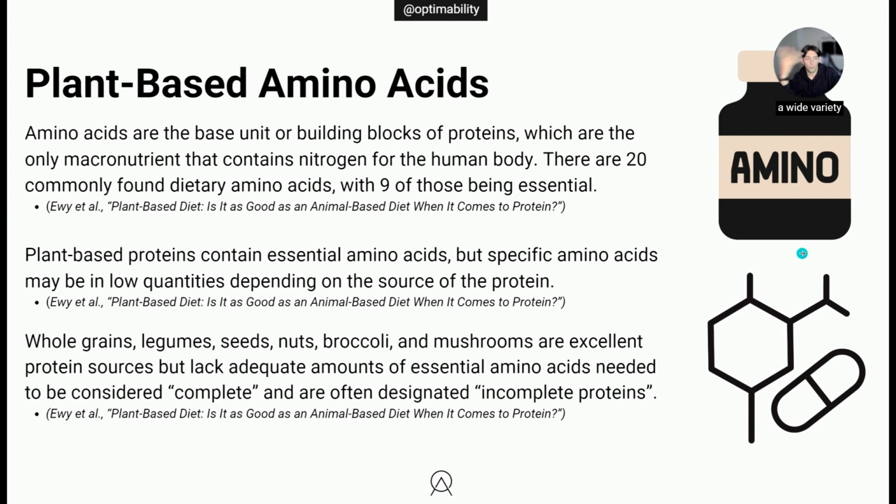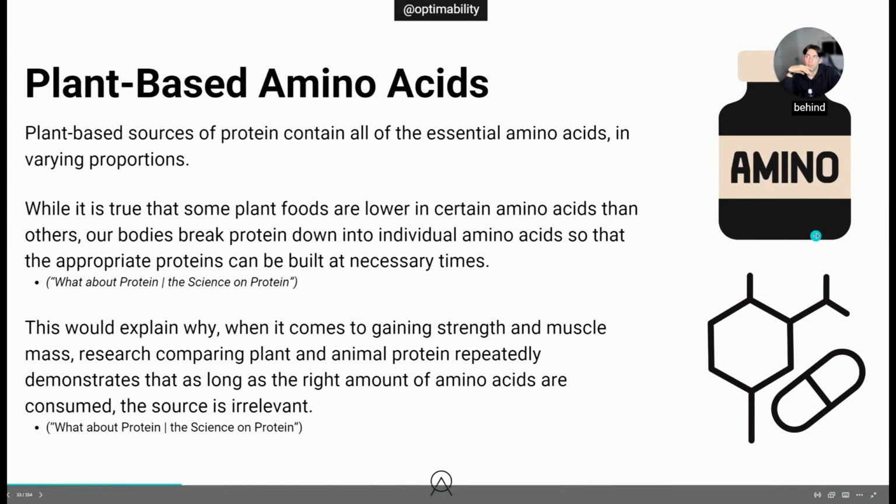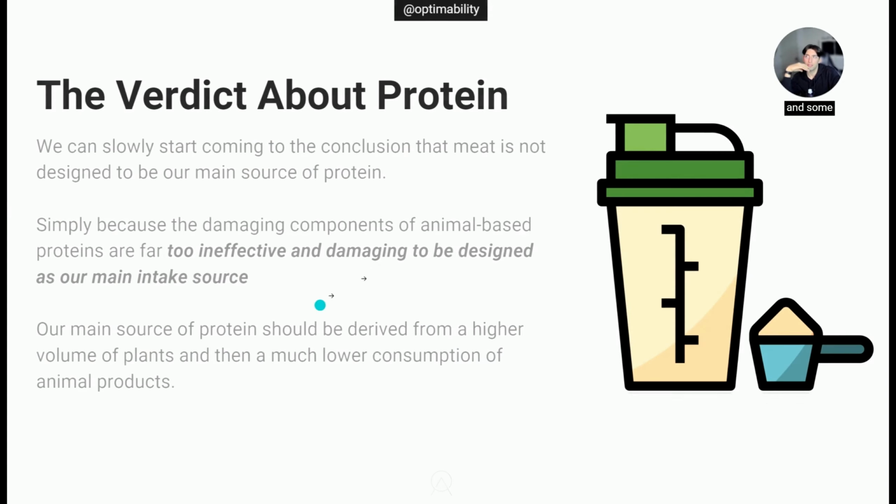But if you eat a wide variety of fruits and vegetables, you're going to get all your amino acids. And if you're struggling to get in your amino acids as a vegan or plant-based individual, you can just take a BCAA supplement. Super good. It goes in your water and tastes like mojito. Why not? So that's a little bit more of the science behind amino acids.